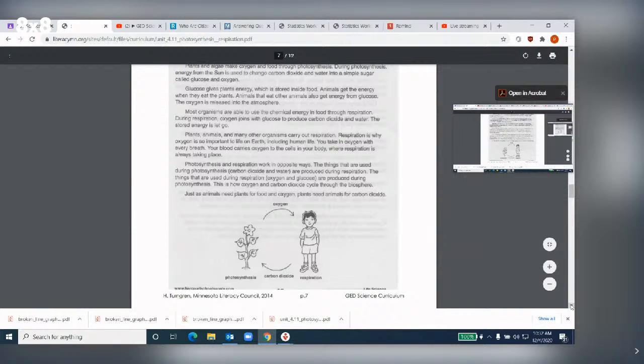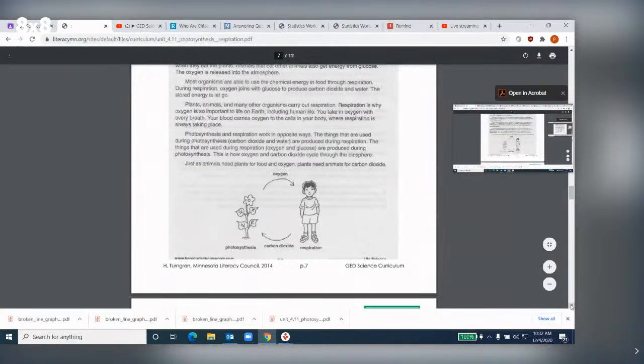When we exhale, carbon dioxide goes into the atmosphere. The plants take that in, convert it to oxygen with the help of sun and water, and they give off oxygen and we breathe it in. That's why it's so important to have trees, plants, and algae, because they're the ones really producing most of the oxygen for us to breathe in.